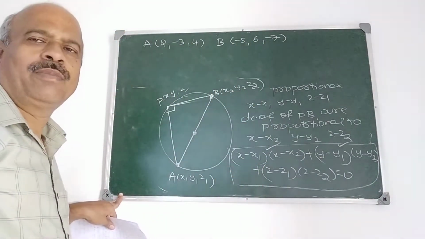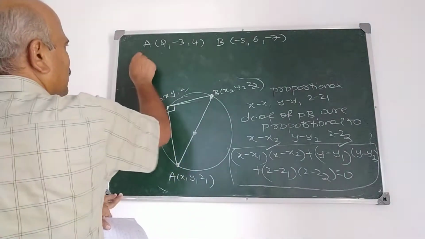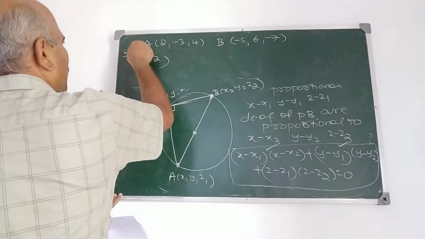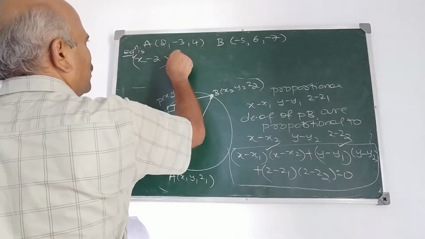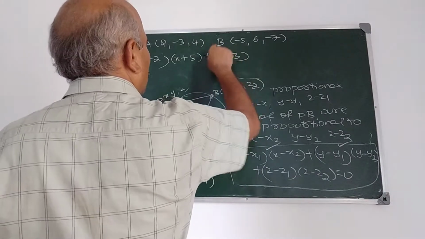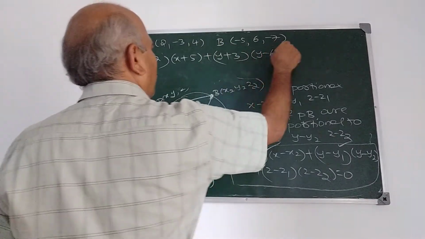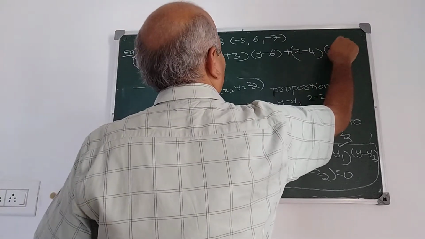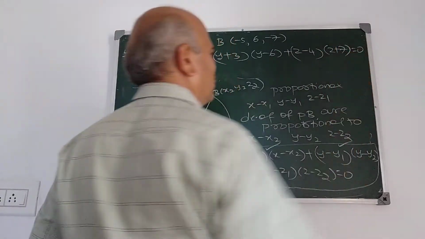The problem is a direct application. So I apply like this. The equation from the diameter form is (x - 2)(x + 5) + (y + 3)(y - 6) + (z - 4)(z + 7) = 0.